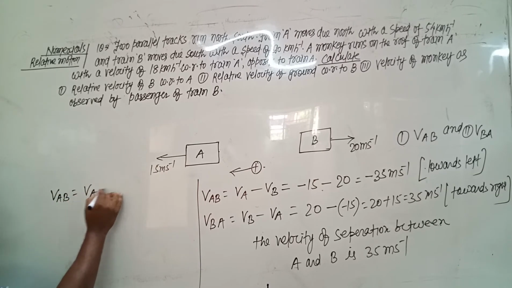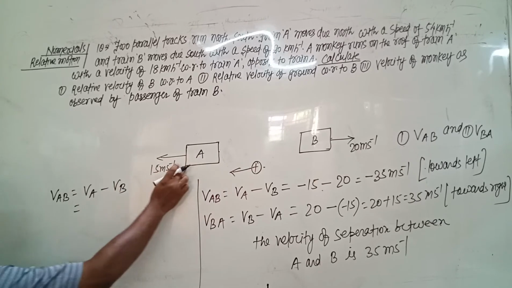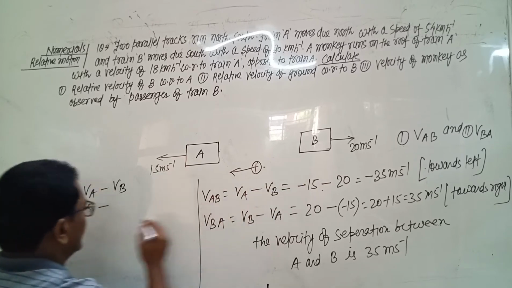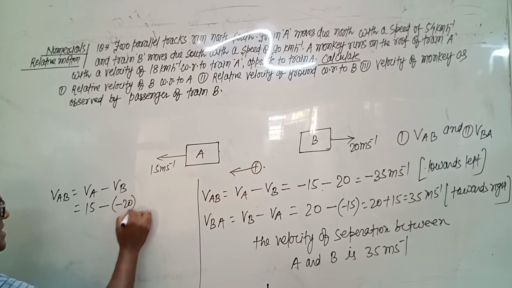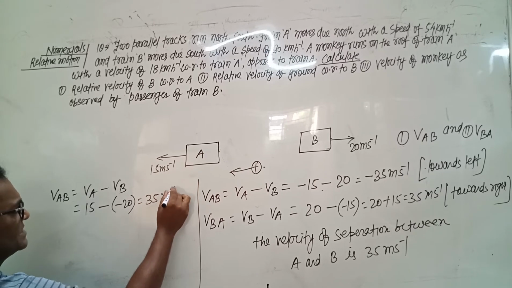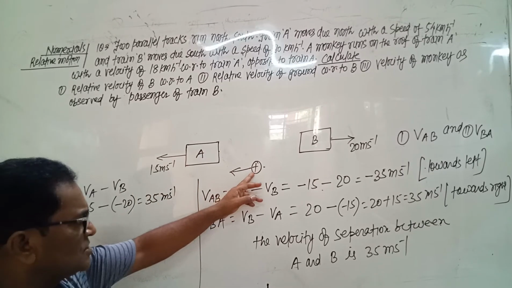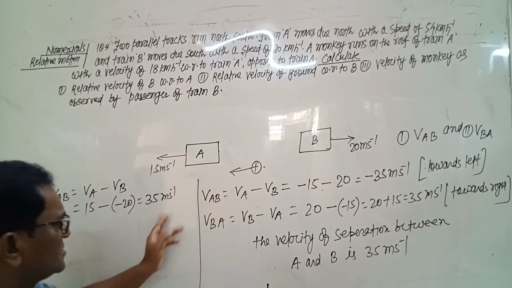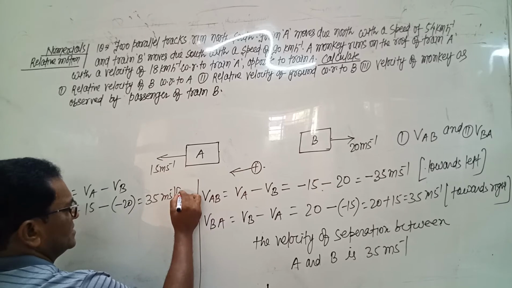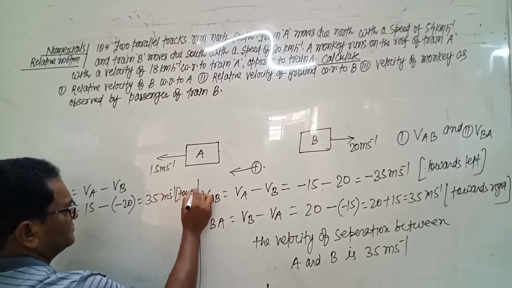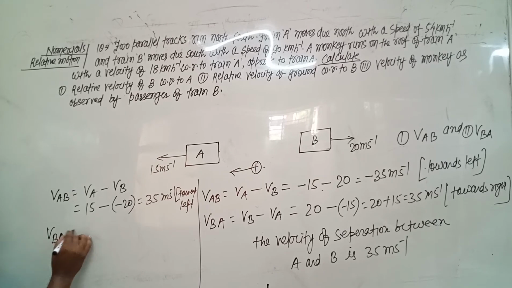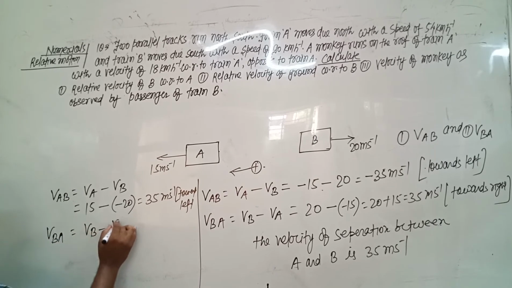If we assume the direction towards left, then let us see: VAB equals VA minus VB. A has the same direction, 15, minus, B has the opposite direction, so minus 20. It gives 15 plus 20, 35 meter per second, and towards left, because it is positive, its direction is towards left. And VBA equals VB minus VA.